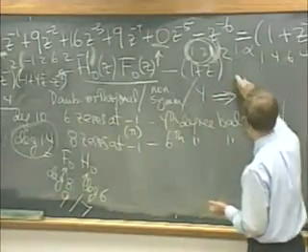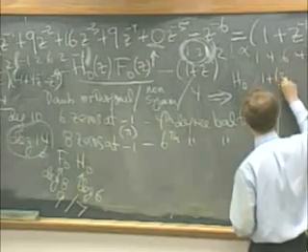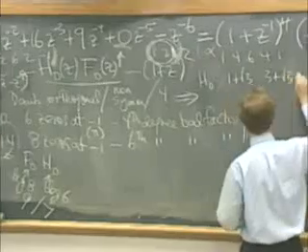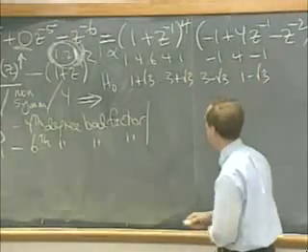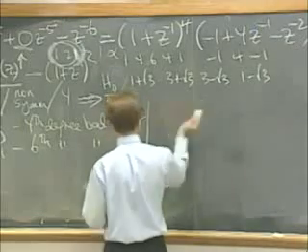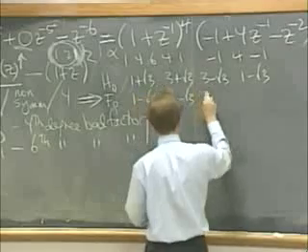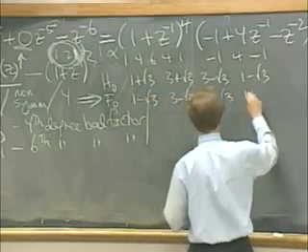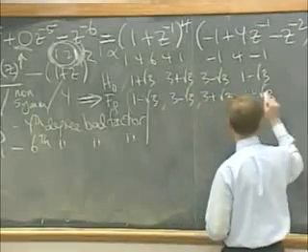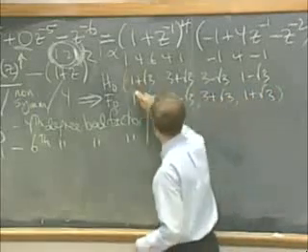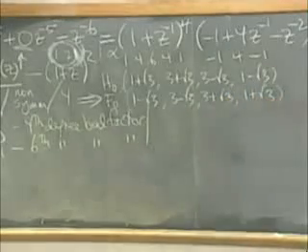The H naught coefficients happen to be 1 plus root 3, 3 plus root 3, 3 minus root 3, and 1 minus root 3. And the F naught coefficients have them in the opposite order: 1 minus root 3, 3 minus root 3, 3 plus root 3, 1 plus root 3. And if you multiplied the polynomial of that coefficient times the one with that coefficient, you'd get my friend P naught again.